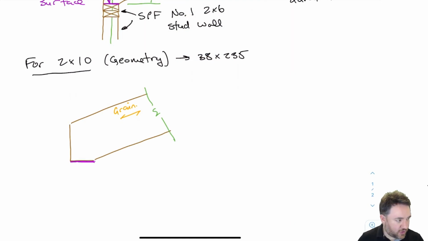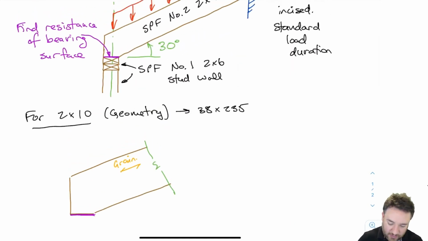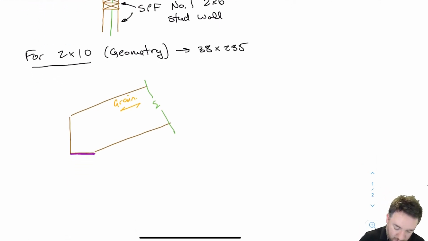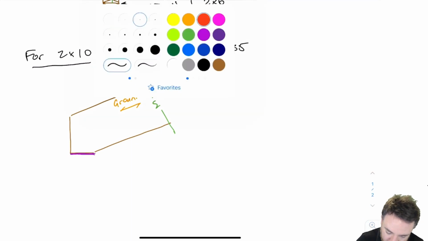I've just blown up the bottom of our beam. So I'm looking at this area right here, but blown up a little bit more so we can look in detail. Basically what we're looking at here is a beam and its grain. The joist grain direction is indicated by orange. It's in the longitudinal direction of the joist as usual.